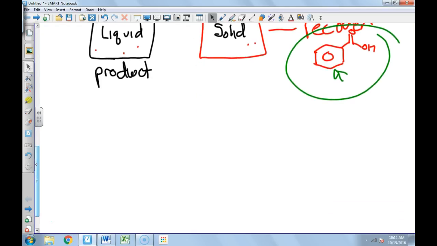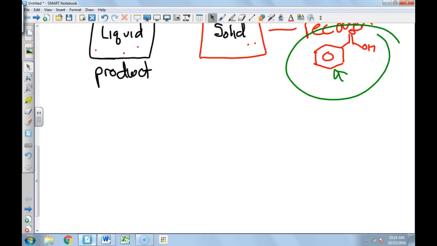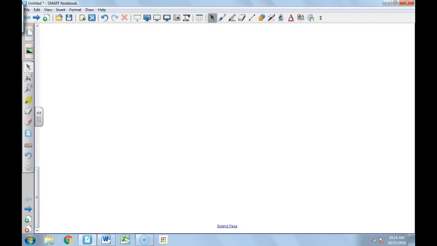Notice you'll have two separations to do. I know this is going to sound weird, but I'm going to use a flow sheet to do this. You're going to do one separation, sep funnel, a bad sep funnel drawing.